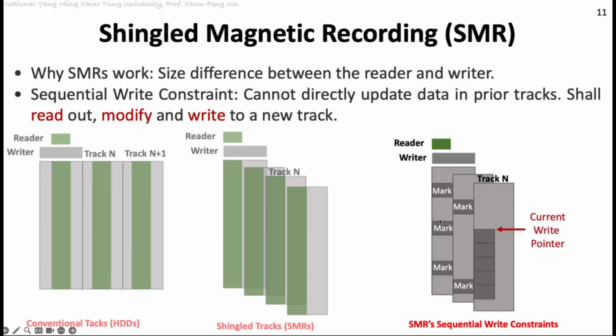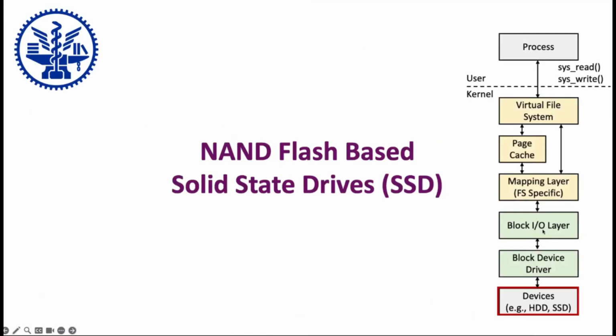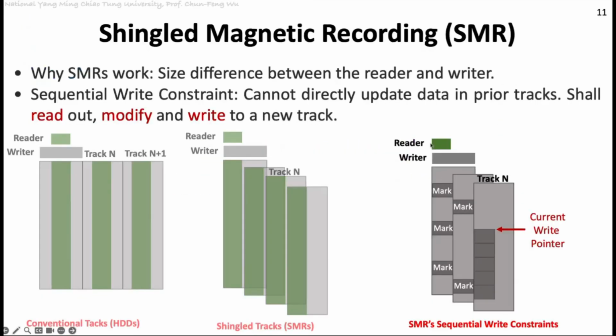Then you can move all the data you are going to update to append at the tail of the write pointer. So in this case, you don't really need to write the prior tracks. You can always go for the new tracks here.